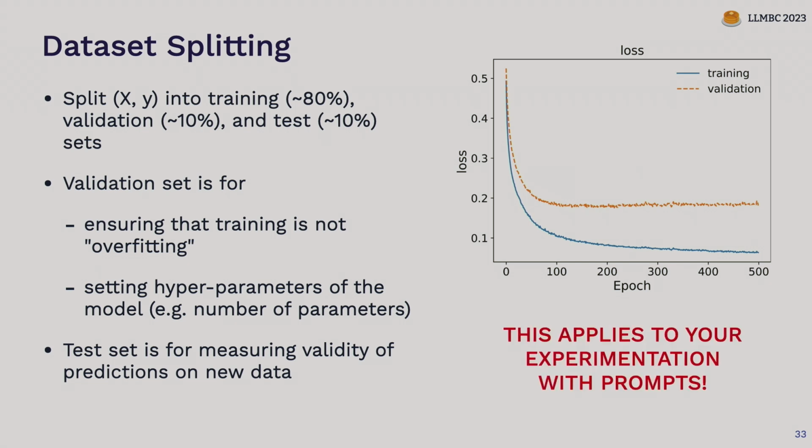This is one of the conceptual parts of machine learning that's important to understand for LLMs, because the same phenomenon applies to experimentation with your prompts. If you've spent time doing prompt engineering, you've probably had this experience: you have a few types of inputs in mind, like a few documents that you want to summarize, and you work on your prompt and improve it, and it's doing better on those three documents you tried it on.